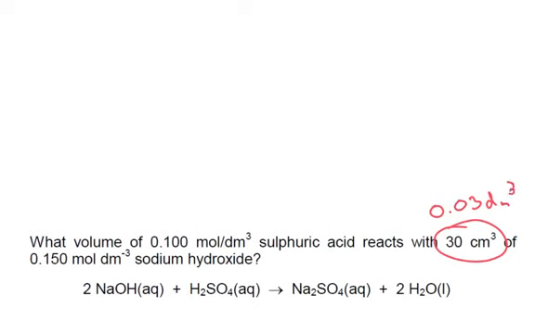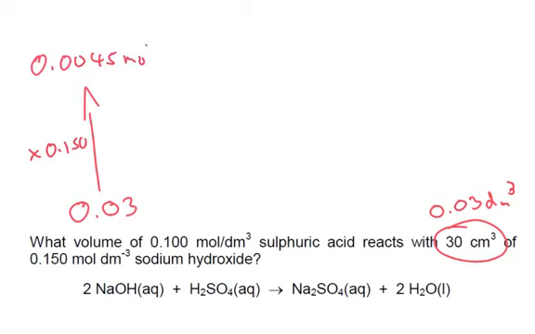So we've got our volume 0.03, and if we multiply by our concentration, we are going to get how many moles we've got. So 0.03 times 0.15, and we get 0.0045 moles.